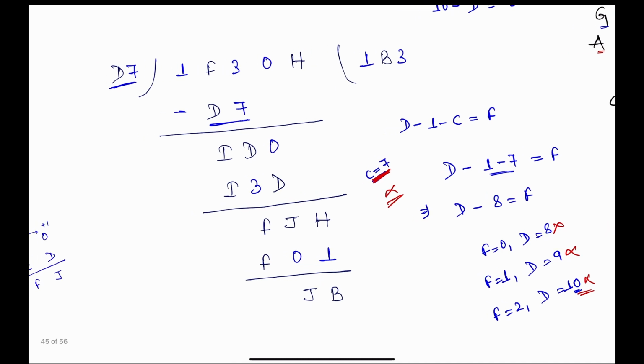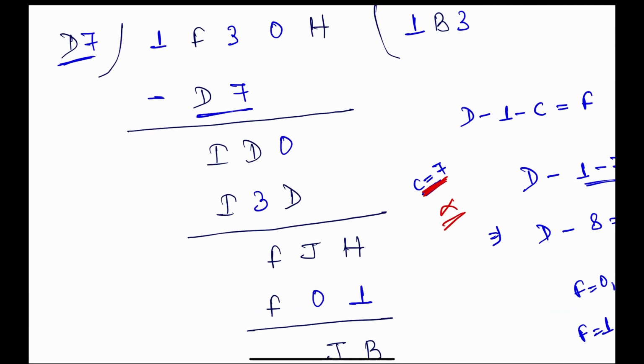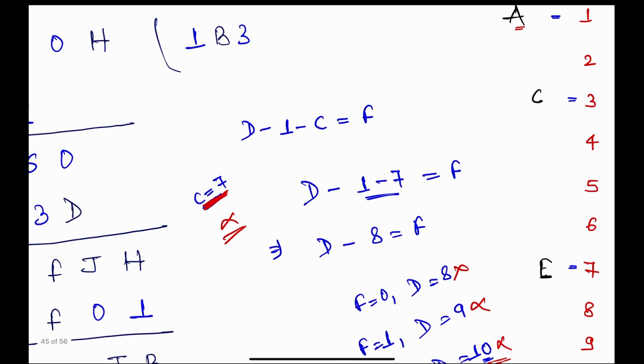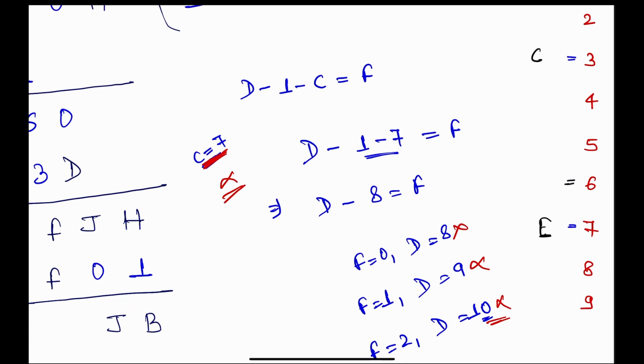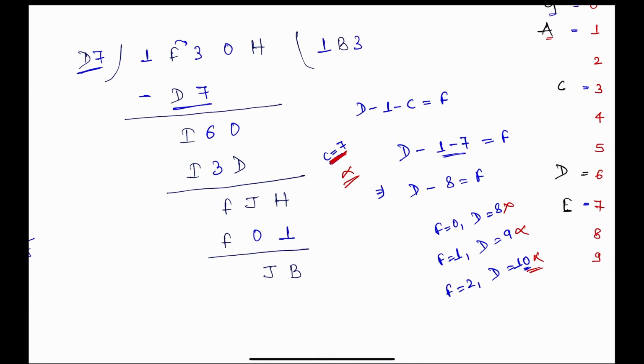So far what I can see is 3 minus 7. I don't need to bother about anything else. C minus 7, and I know very well 3 minus 7, 1 will surely be carried. So 13 minus 7 is how much? D will be 6. So we find the value of D as 6.